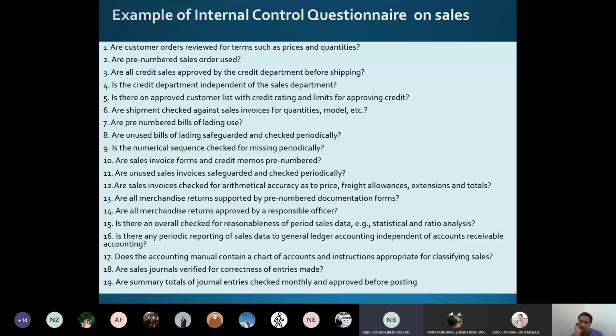Is there any periodic reporting of sales data to general ledger accounting, independent of accounts receivable accounting?